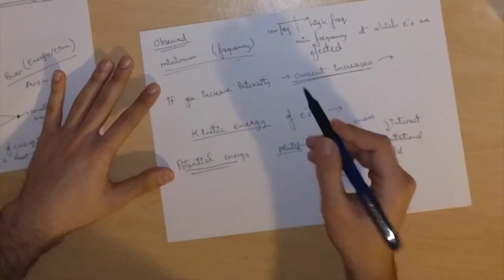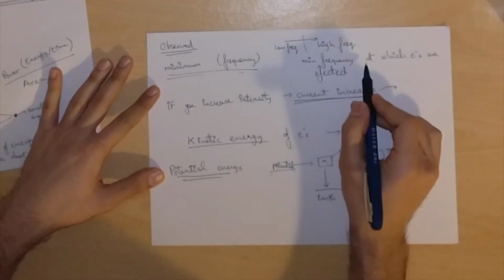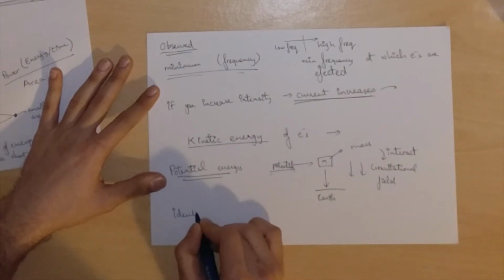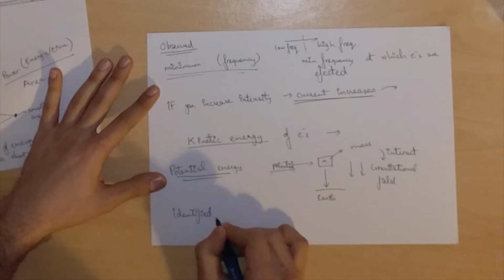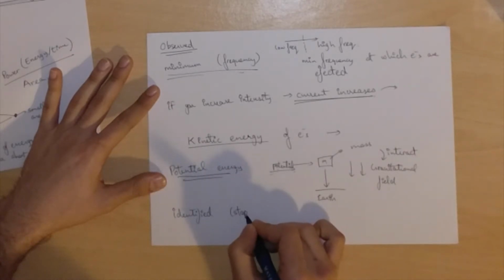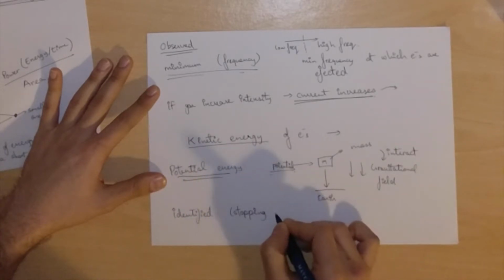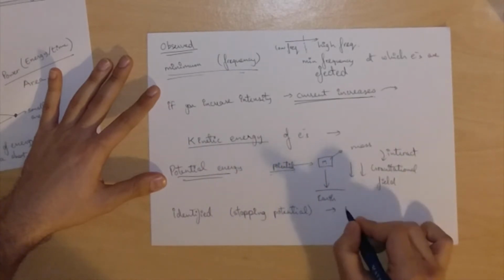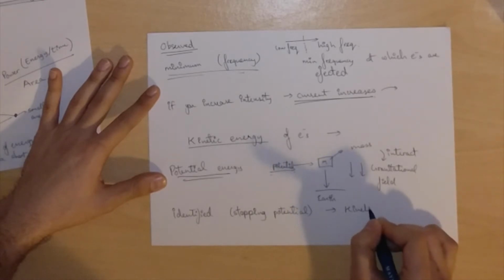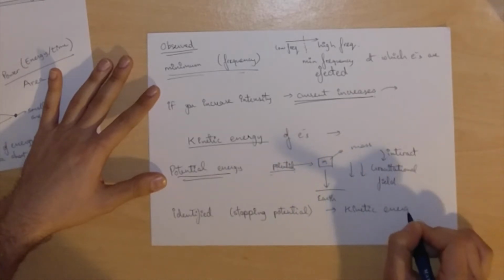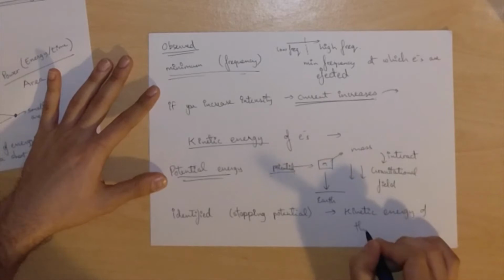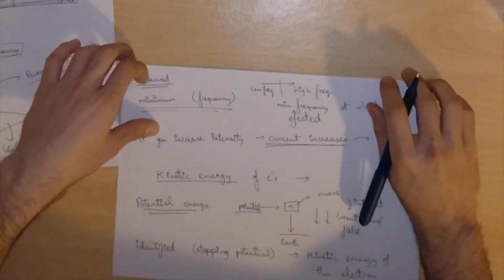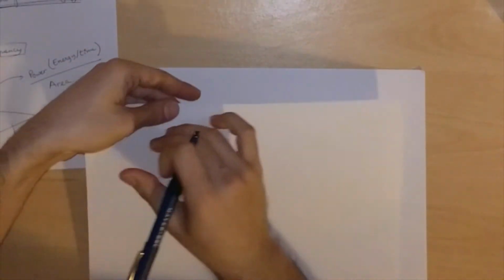So once they saw this first minimum frequency, they identified what is known as stopping potential, because it stops the electrons, right? Which tells you about the kinetic energy of the electron.